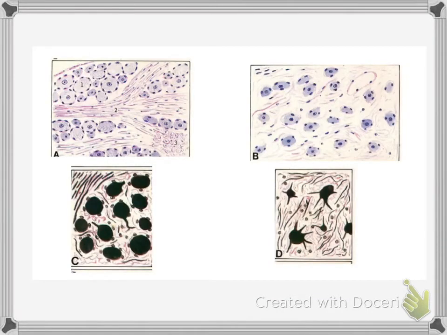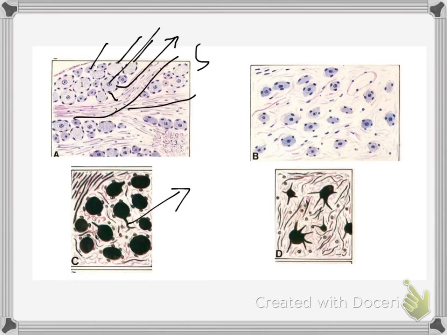Next, look at the difference between these two. You should identify what is this and what is this. Here we could see nicely cells are in groups. I could see a lot of satellite cells beautifully which surround a neuron, centrally placed nucleus. I could see the nerve fibers in between. So this suggests, look at this, unipolar.